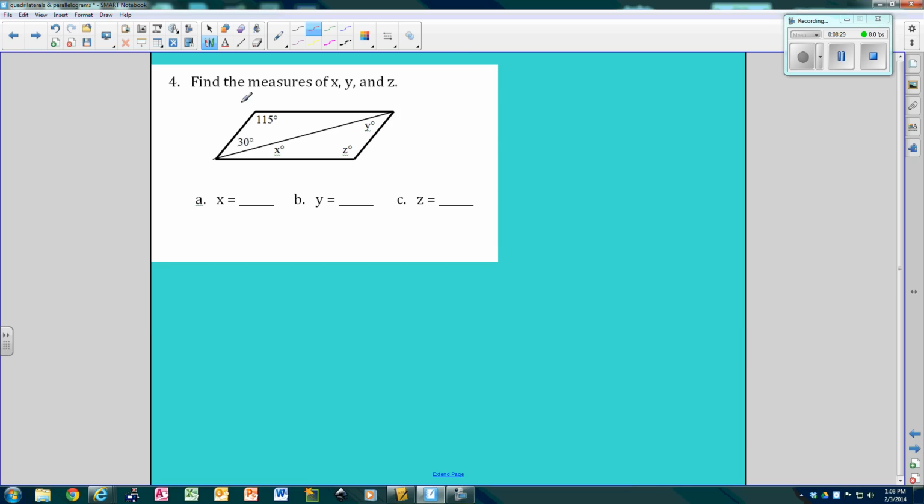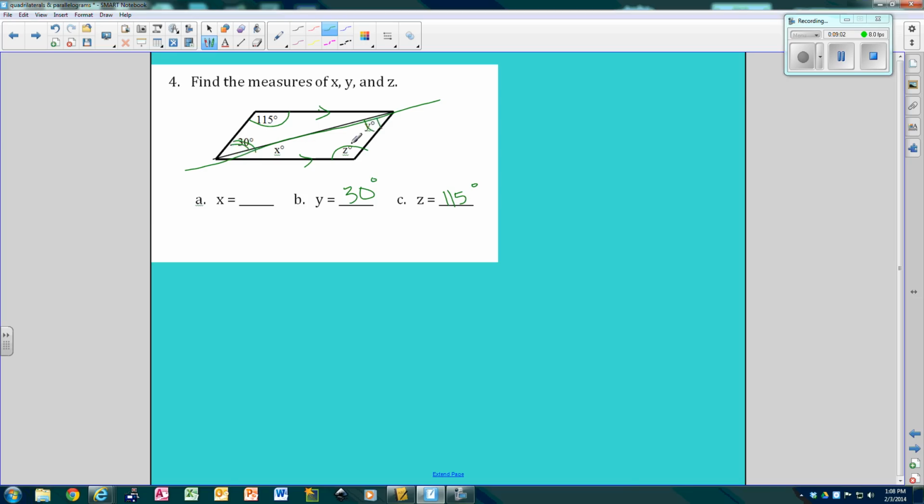Now we've got to find the measures of x, y, and z. They've only given me two things, but I know that opposite angles are congruent, so I know that z is 115. Since this is a parallelogram, this side is parallel to this side, so this is a transversal. This angle is congruent to this one over here because they're alternate interior, so y is 30 degrees.